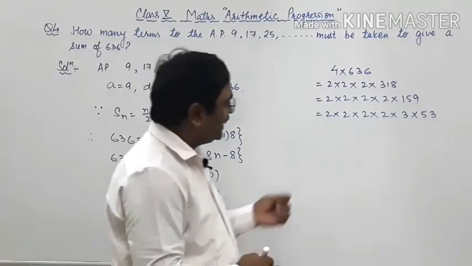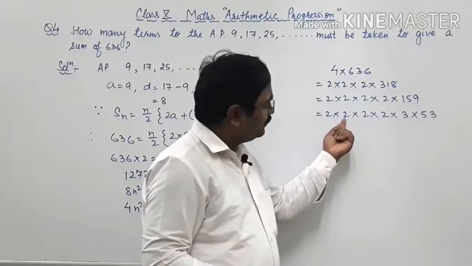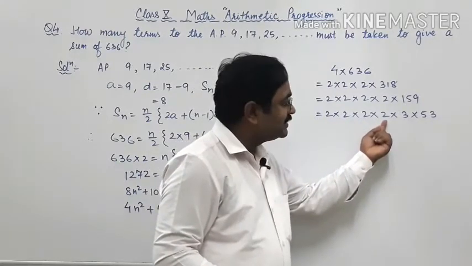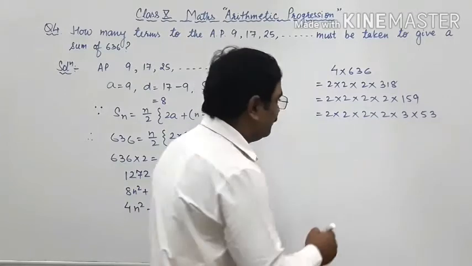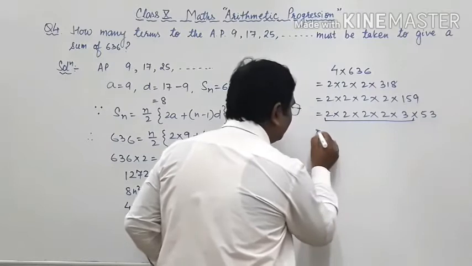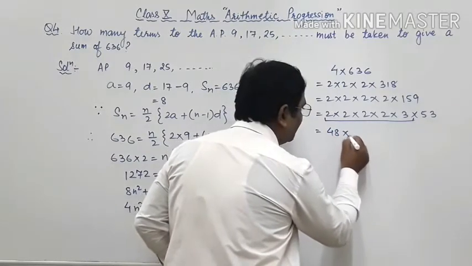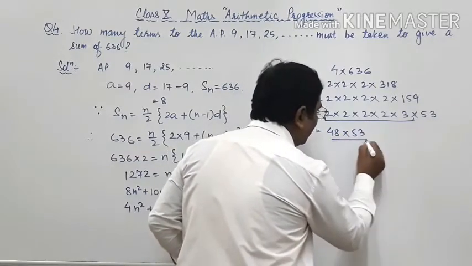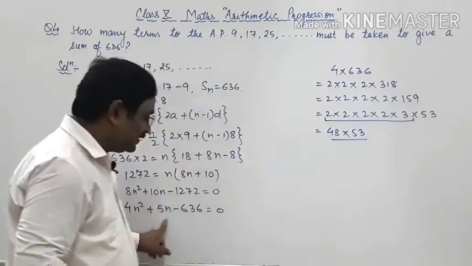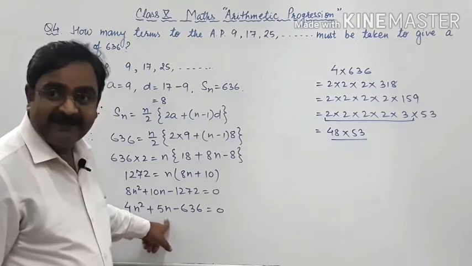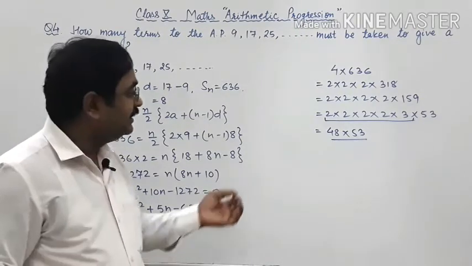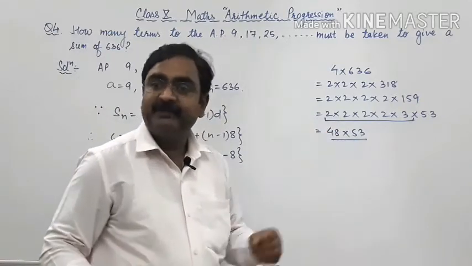Let us multiply these terms. 2 twos are 4, 4 twos are 8, 8 twos are 16 and 16 threes are 48. When you take these numbers all together, you will get 48 multiplied by 53, and when you subtract 48 from 53, you will get 5n, right? Now it is easily split into two parts, 48 and 53.